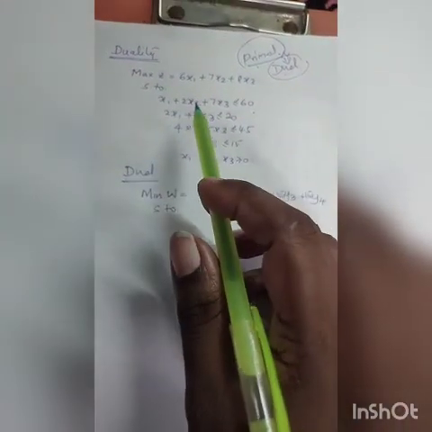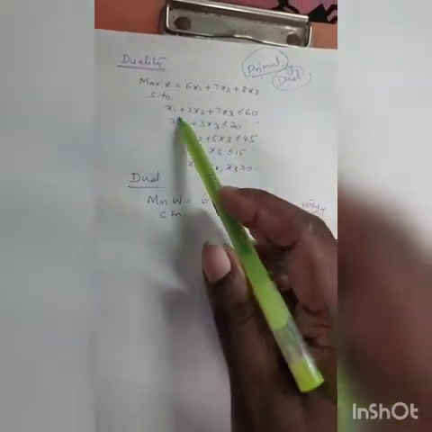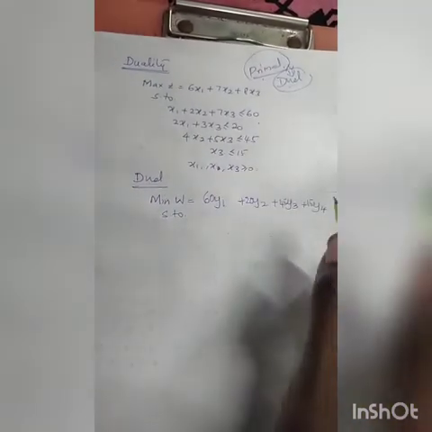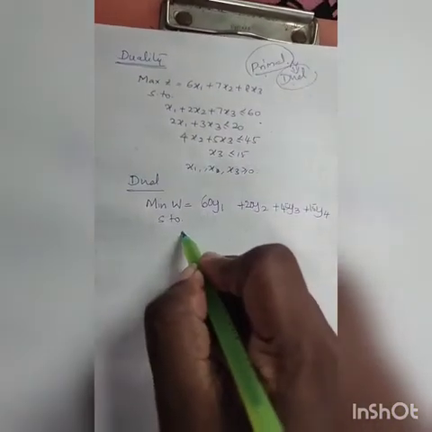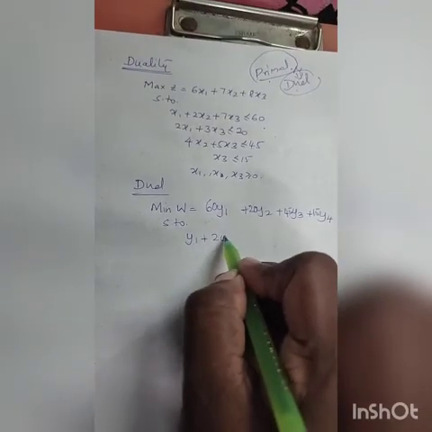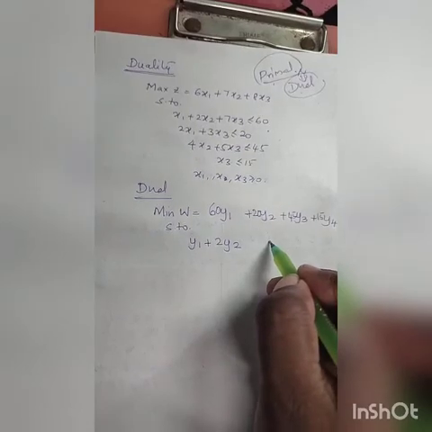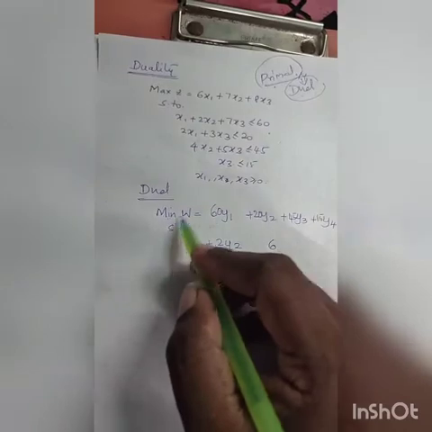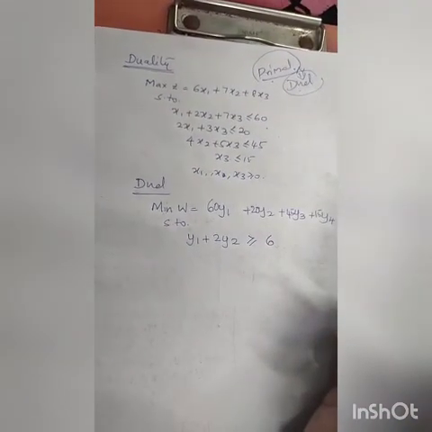Okay, so my first constraint will be wherever x1 is there. x1 is my first constraint. So I have 1x1 plus 2x1, so it will become y1 plus 2 y2. The solution for x1 is 6, so this will be 6. Since this is a minimization, this will always be greater than or equal to 6.